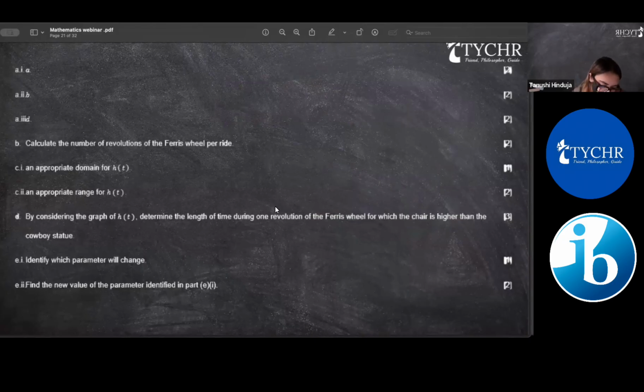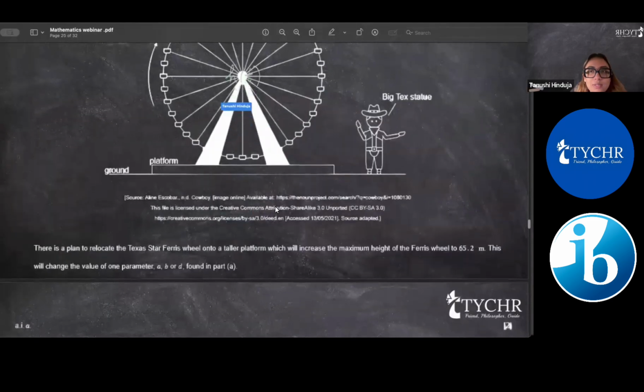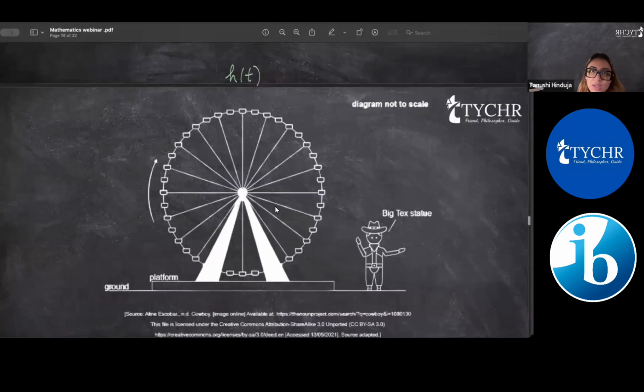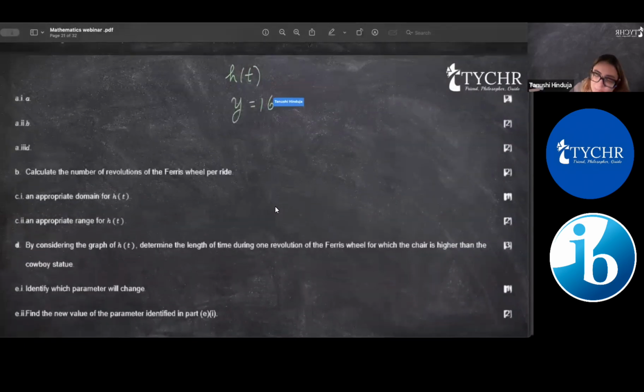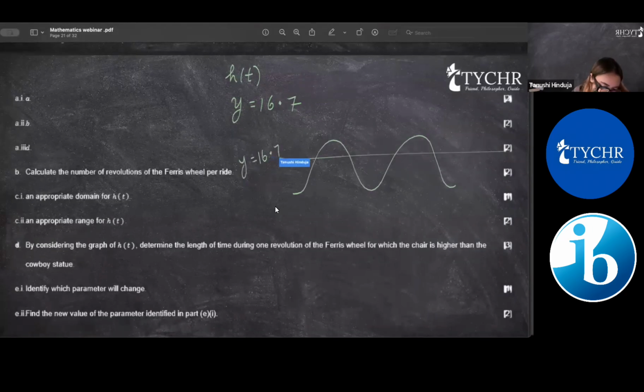Okay, so we'll graph h of t. You'll graph h of t in your calculator, which would be h of x if you want, and you'll graph the height. What was the height given? 16.7. So we'll graph y equals 16.7. That would be a horizontal line. So you have your cosine wave and you have a horizontal line at 16.7. That's what you'll get in your calculator.